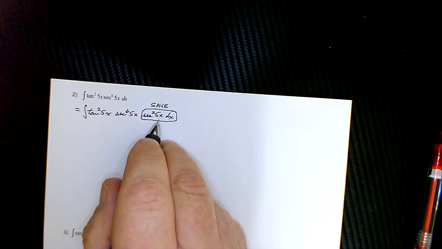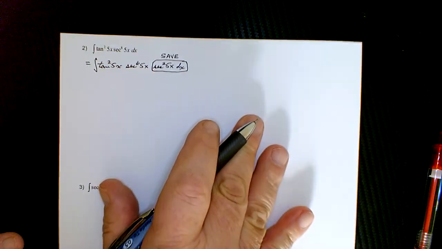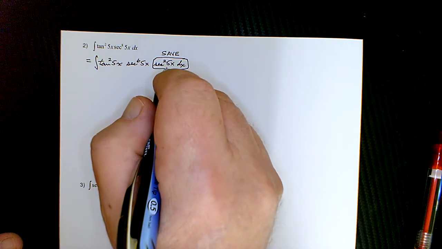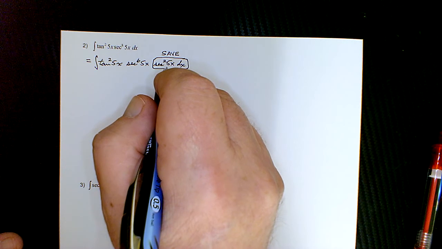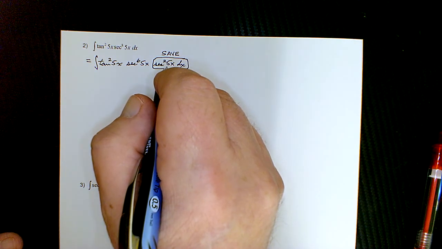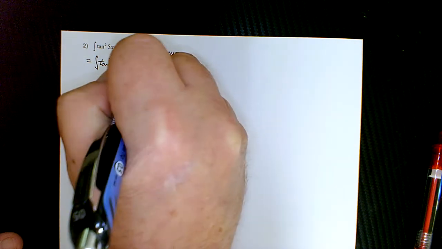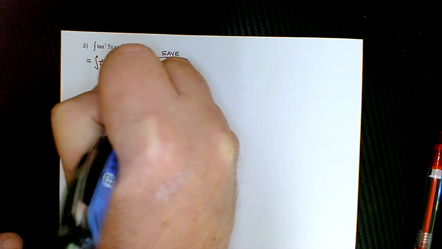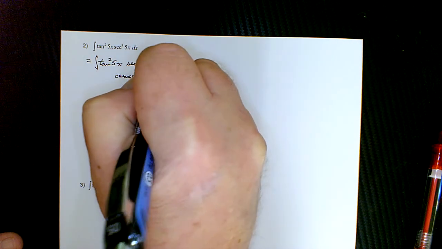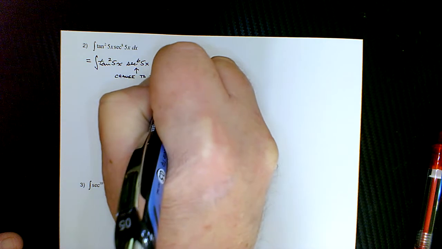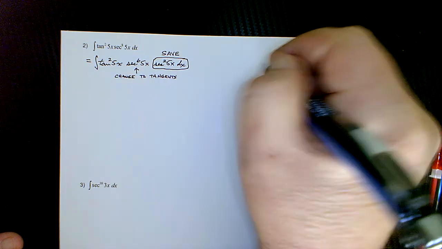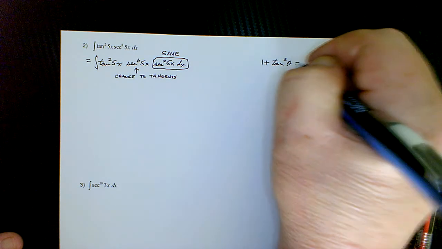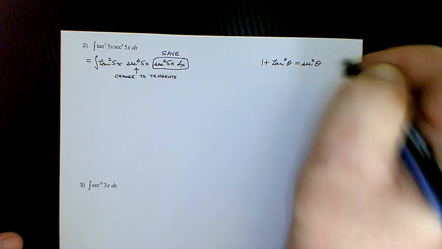Okay, and then the logical question once again, look at the cookbook recipe if you need to, but if our intent is for this secant squared to be our du, then we can ask what's the trig function whose derivative is secant squared, and that of course is tangent. So if we could change the remaining factors of secants to tangents, we'll be able to start the U-substitution process. And we can. The basic identity is 1 plus tangent squared is secant squared.